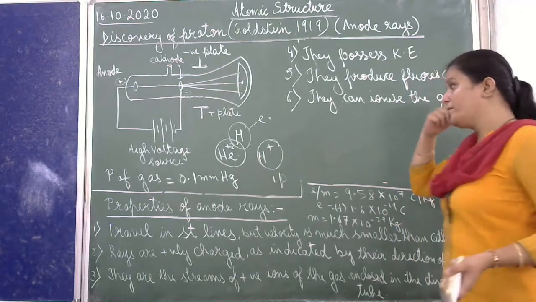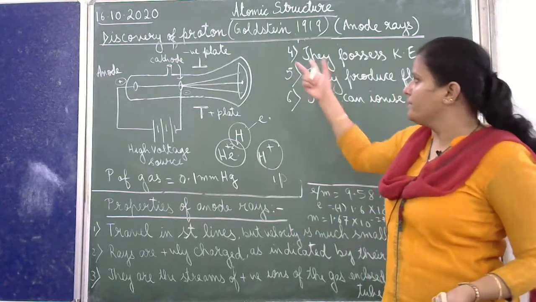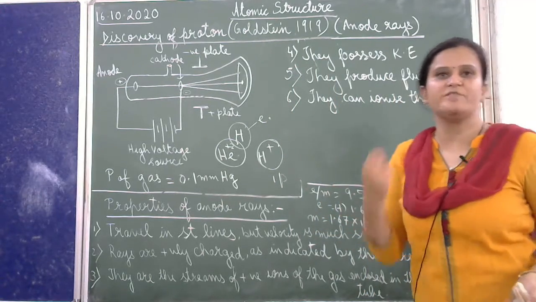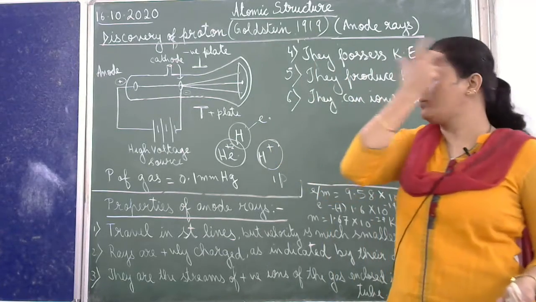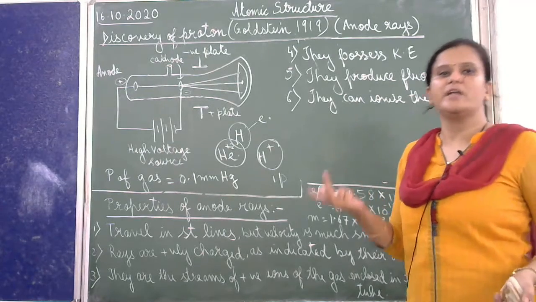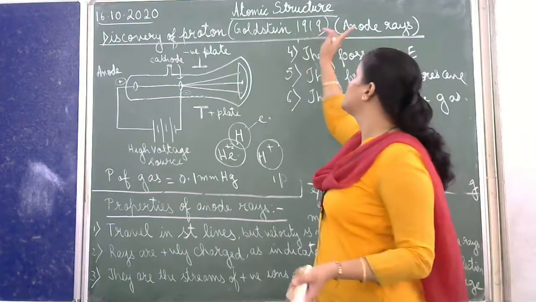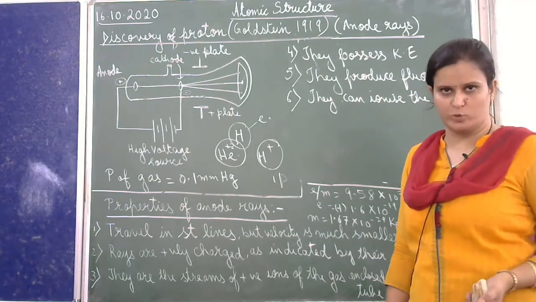Okay, so remember, these anode rays will depend upon the nature of the gas. Cathode rays were independent of the nature of the gas and the nature of the electrodes. But anode rays will depend upon the nature of the gas enclosed in the discharge tube.